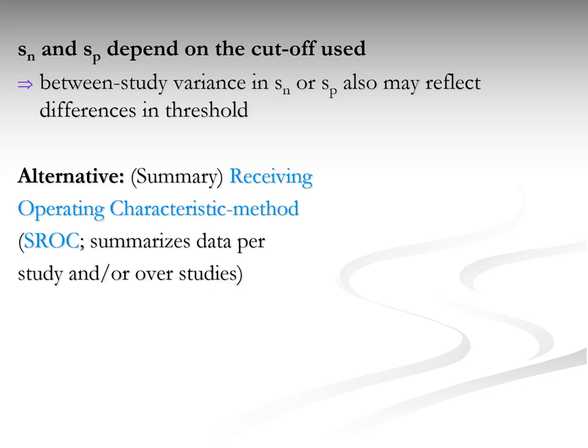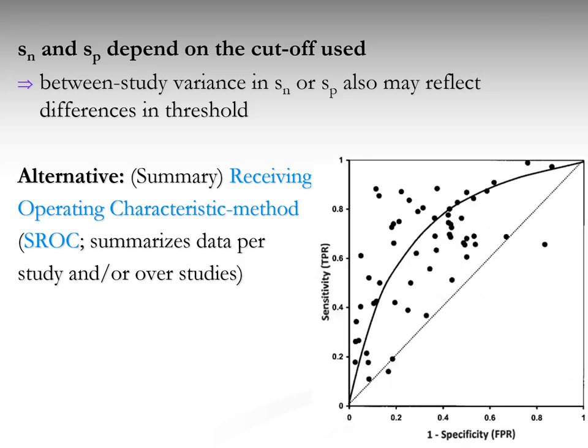As an alternative approach, which is, however, statistically equivalent, you can also use the receiver operating characteristic curves, so the ROC curves. So a ROC curve summarizes the data per study or possibly over studies. So a ROC curve looks like this. On the y-axis, you have the sensitivity.